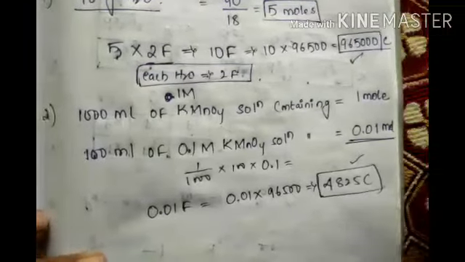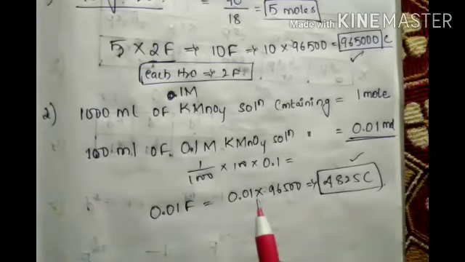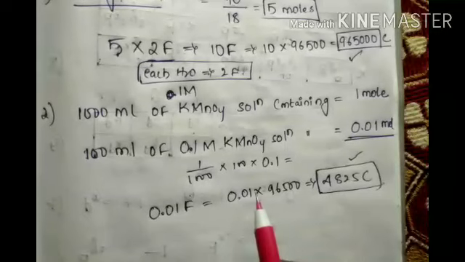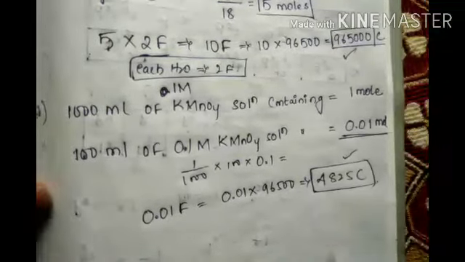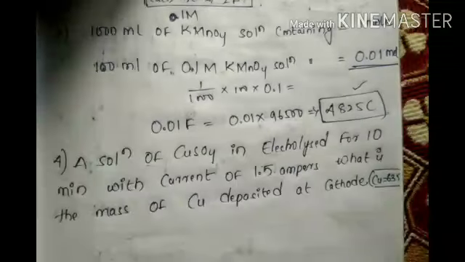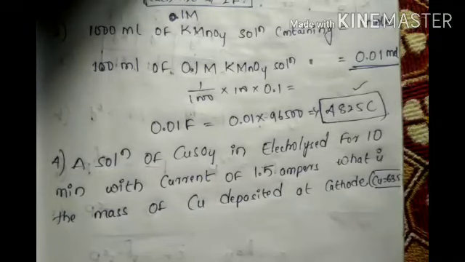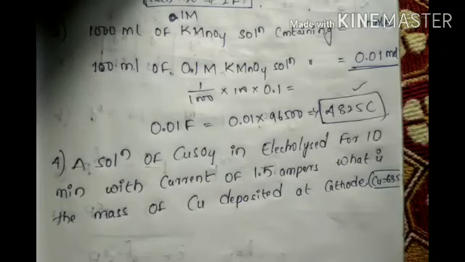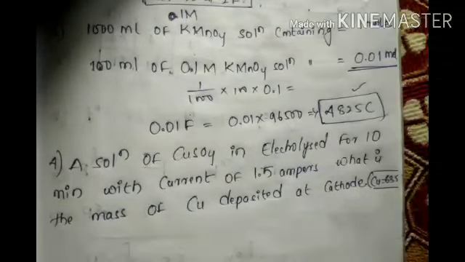For example, if they ask about oxidation and reduction and give the number of moles, we have to do it like this. Okay? Next question: a solution of CuSO4 is electrolyzed for 10 minutes with a current of 1.5 amperes.